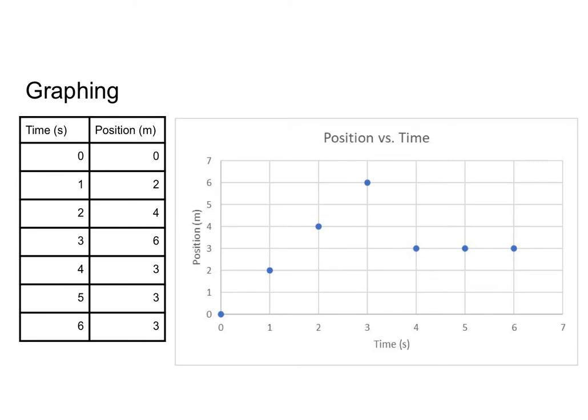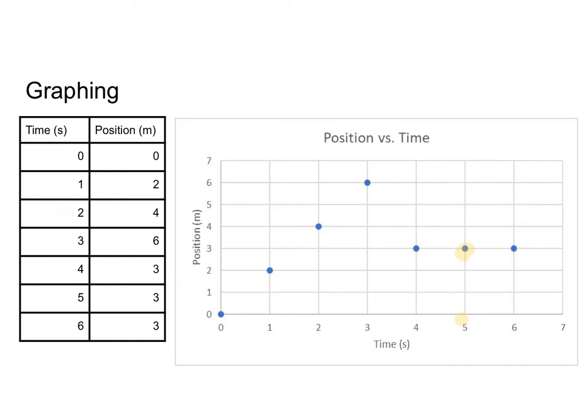On this slide, you can see a position versus time graph that I've created from the data on the left. I created this graph by just plotting points. My time is 0, so I plot 0 on the x-axis. My position is 0, 0 on the y-axis. At my time of 5, I have a point of 3.